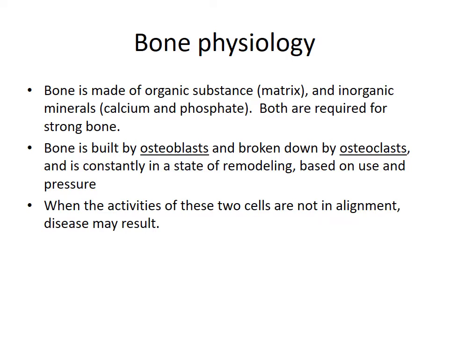So if you're spending a lot of time using particular bones, or you're doing weight-bearing activity, your osteoblasts are going to be working to build that bone. And if you're more sedentary, or if you need some calcium, your osteoclasts are going to be breaking down bone. And if these two cells are not working in alignment to meet the physiological needs of the body, this is when we can have problems with disease.